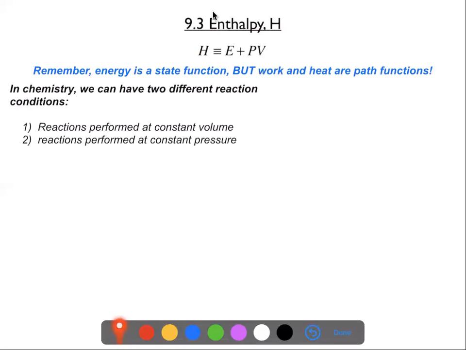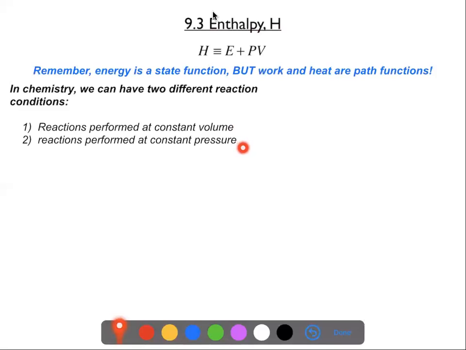When we think about how we can run a chemical reaction in chemistry, we typically think about it in two types of conditions. We can perform a reaction at constant volume, where we cap a chemical reaction and make sure that the total volume of our container cannot change, or we run a reaction at constant pressure. A constant pressure reaction is by far more common. This is usually just running a reaction without a lid on it.